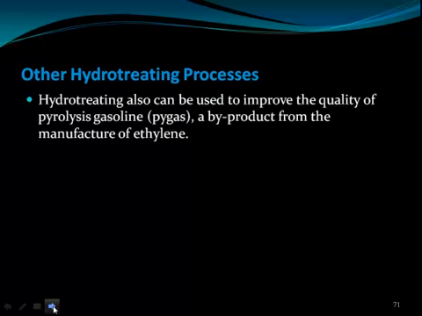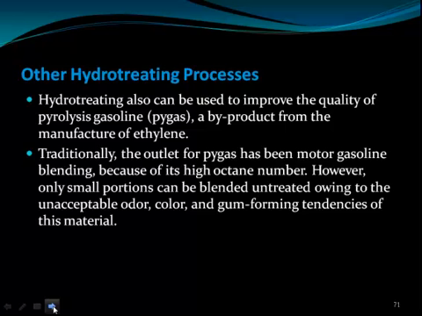So after hydrotreating processes, there is another hydrotreating process, which can also be done to improve the quality of pyrolysis gasoline, that is pi gas in short, a byproduct from the manufacturing of ethylene. Traditionally, the outlet for pi gas has been motor gasoline blending because of its high octane number.